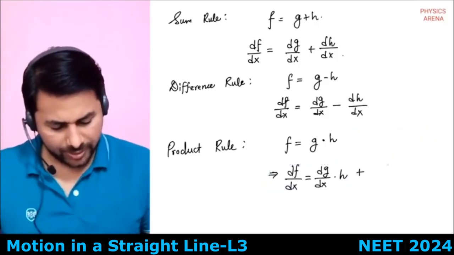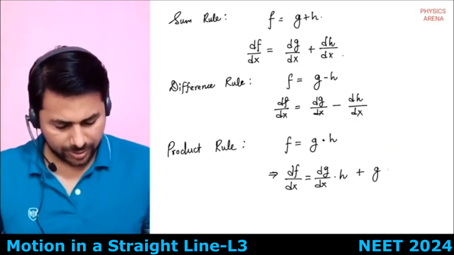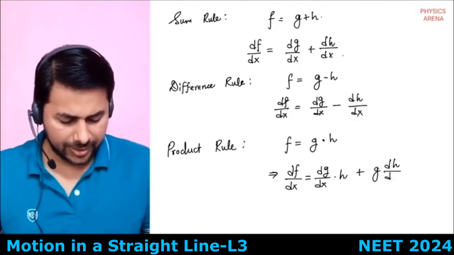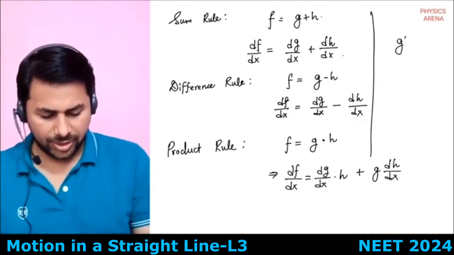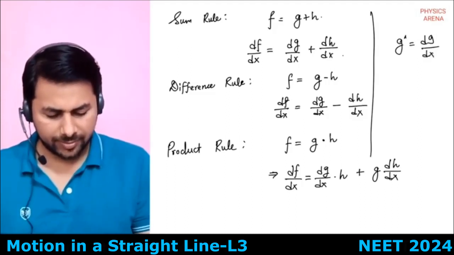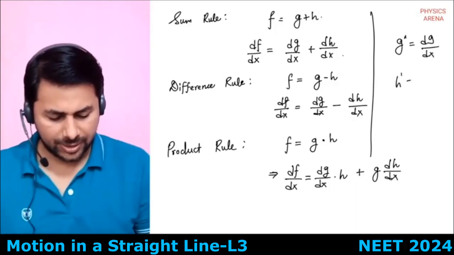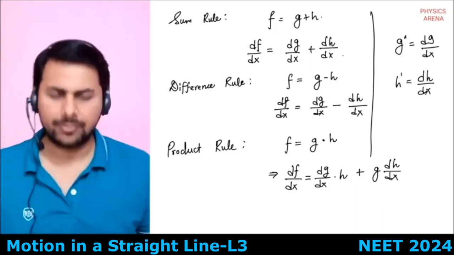So does everybody know this? So g times dh by dx, and we write derivatives like this also. So g dash is equal to dg by dx, and h dash is equal to dh by dx.